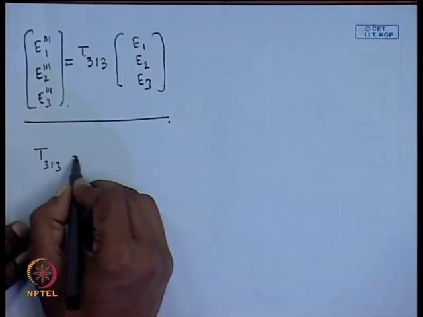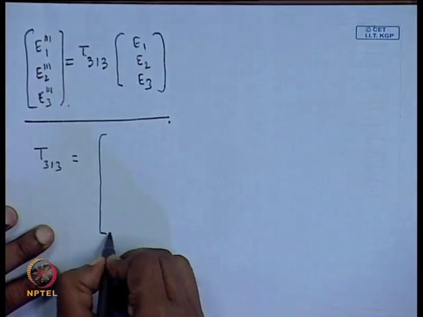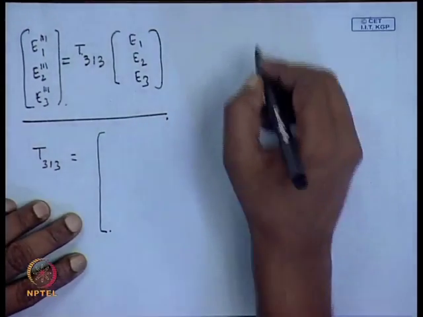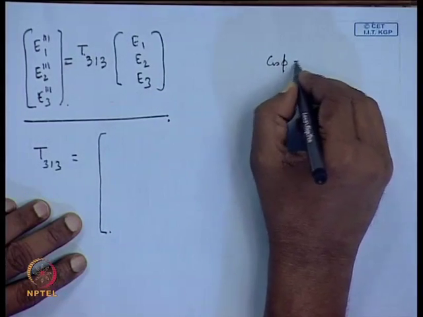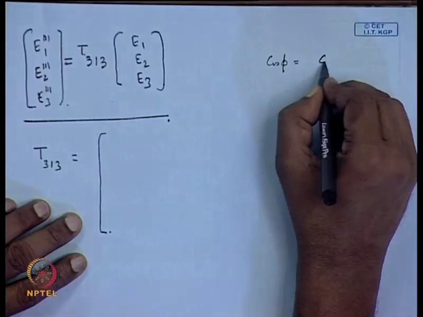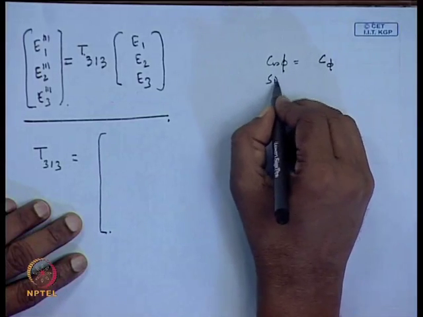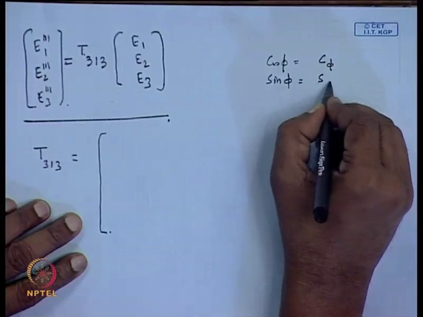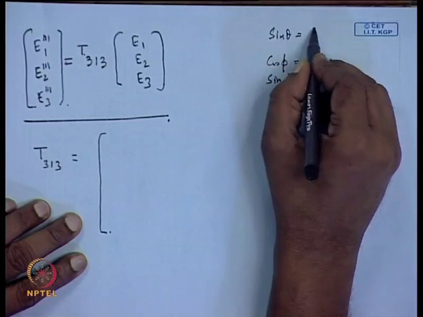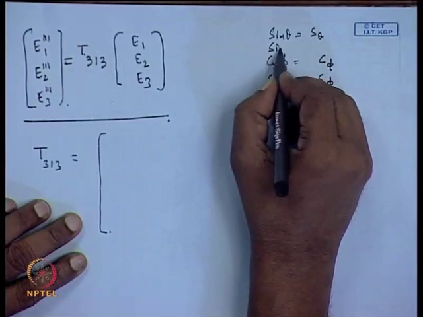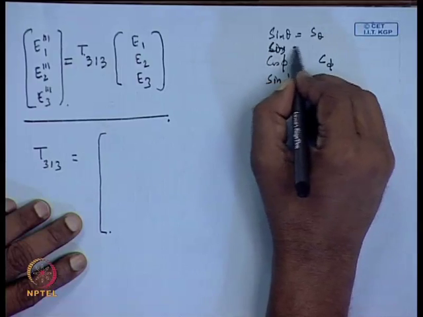So, T after the matrix multiplication, if you multiply the matrices, we use the shortcut notation: cos phi can be written as C phi, and similarly sin phi as S phi. On the other hand, we can write sin theta as S theta and cos theta as C theta.